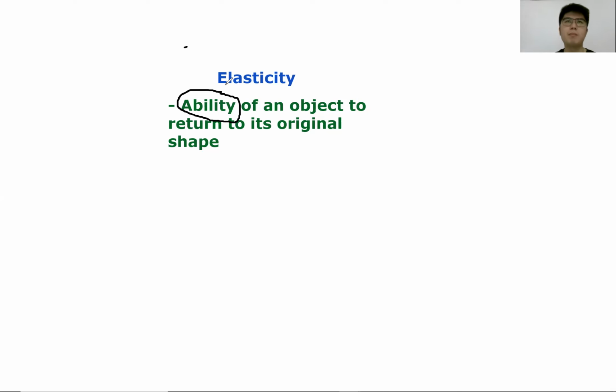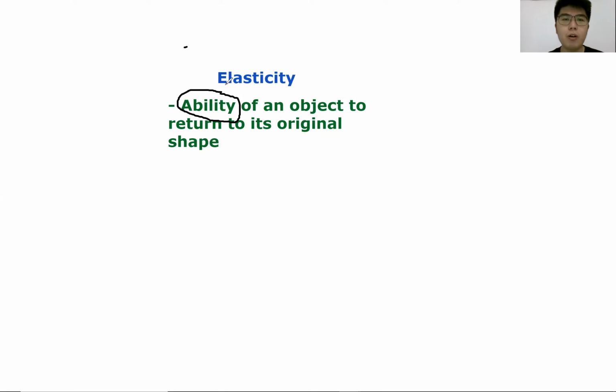When you apply a force to stretch it, it tends to return to its original position after you let it go. So it has this restoring force. It restores back to its original position. This is its ability to come back to its original length or shape. It can be shape or it can be size. So these are examples of elasticity.